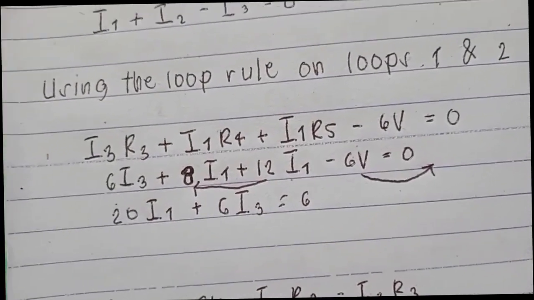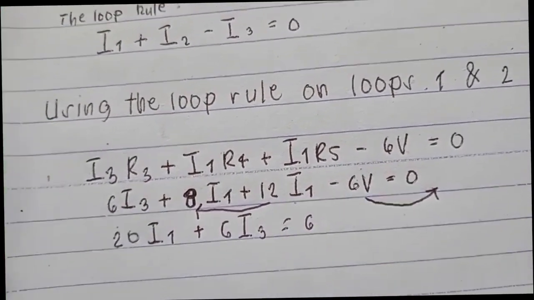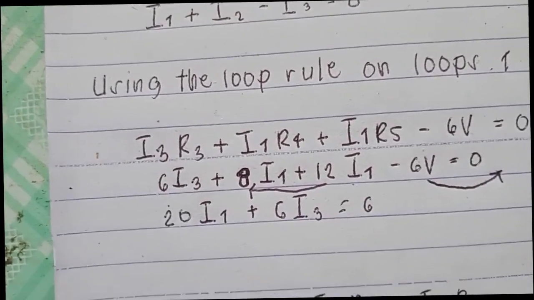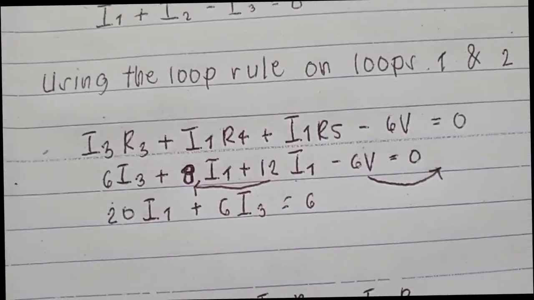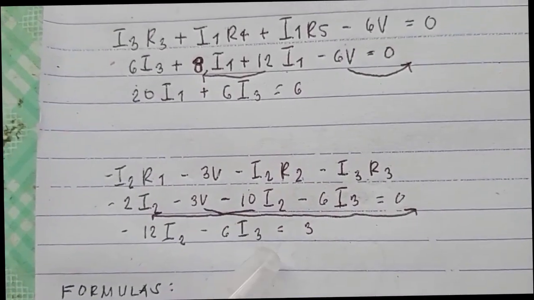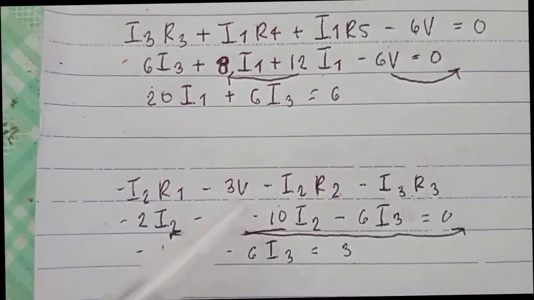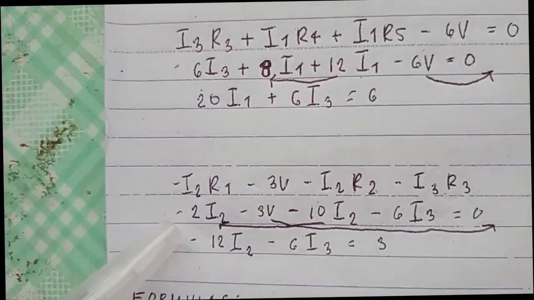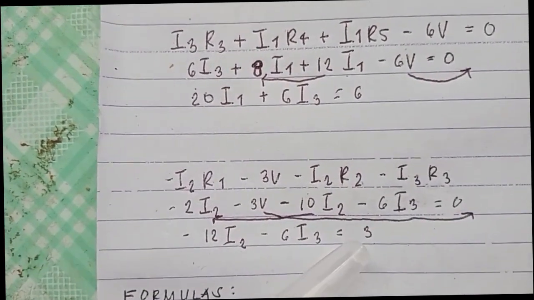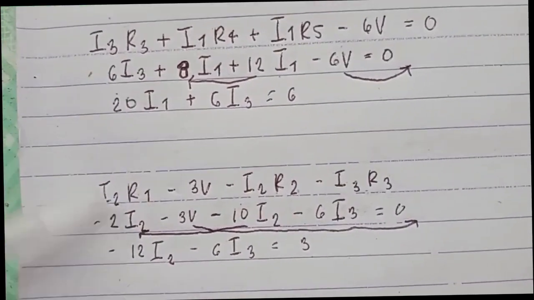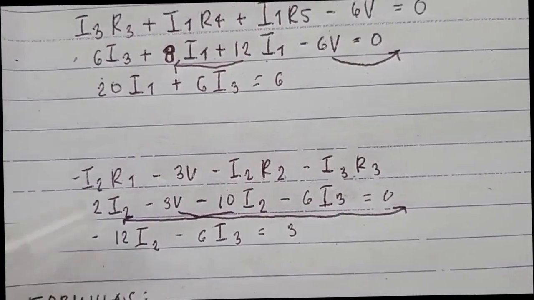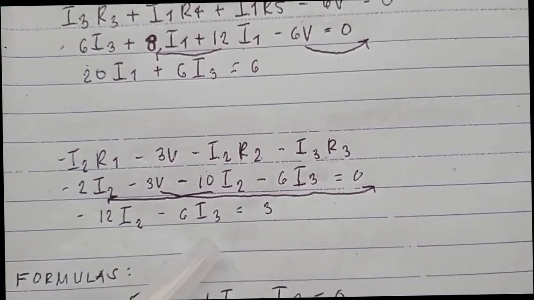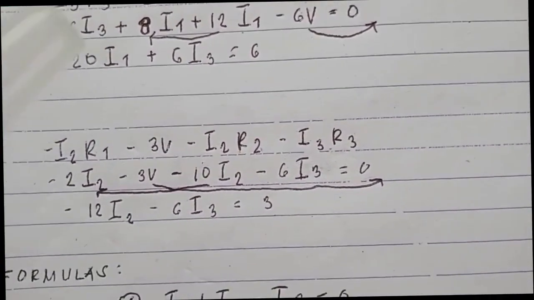Then we will group those that have the same values: minus 2 and minus 10 I2, since they are both I2. We just group them together. It would equate to minus 12I2, and then 6I3 equals 3.